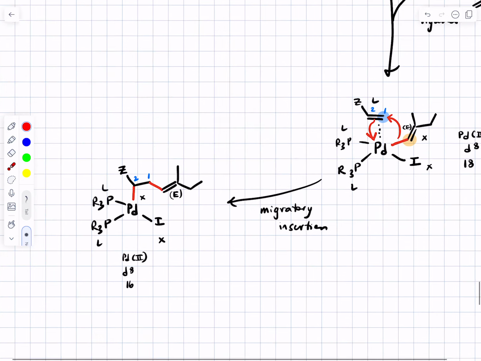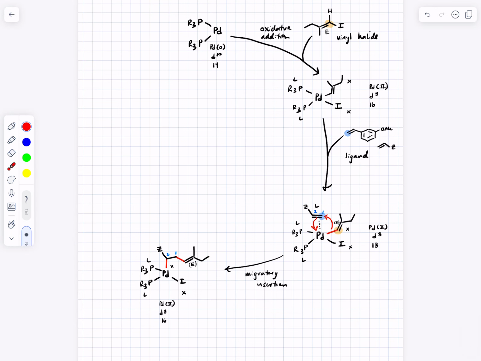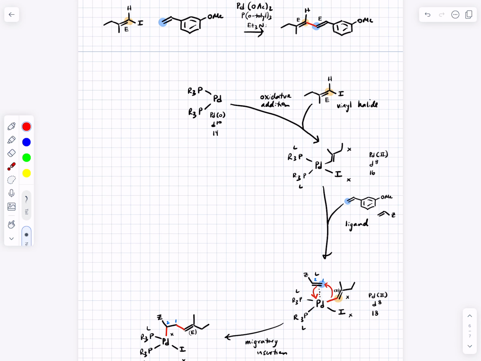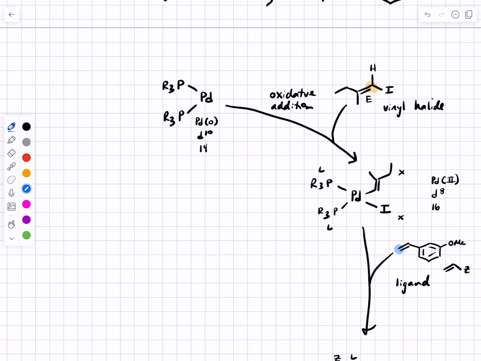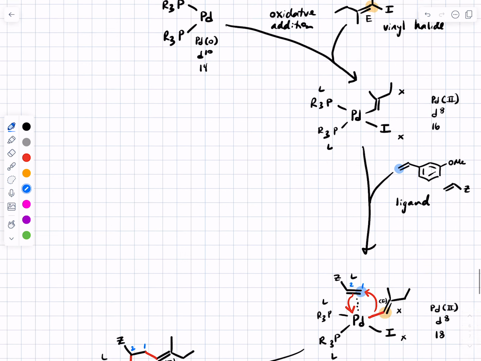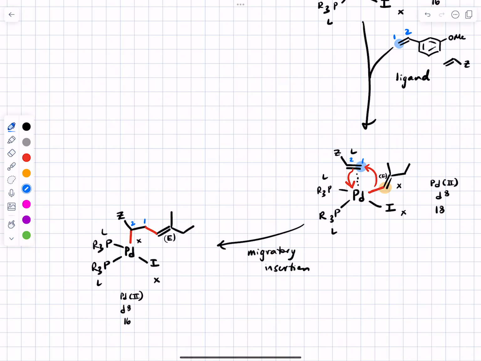So in this migratory insertion step, we tentatively lost the pi bond on our olefin partner. See that pi bond that was in our olefin partner? It is now gone. Here's carbons 1 and 2 on the olefin. That pi bond is now gone. And what follows is a new step that is unusual.